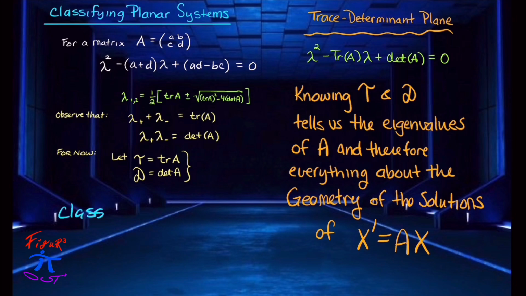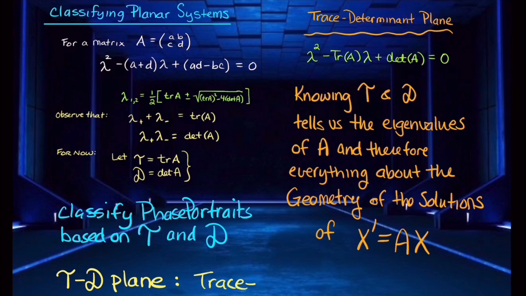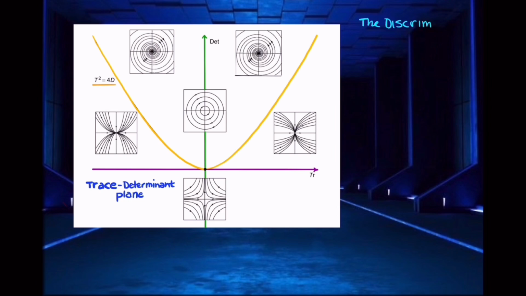Our planar differential system of equations can be classified into its phase portraits based on T and D, the trace and the determinant. So therefore we will construct the trace-determinant plane, where T and D will take on coordinate values, and based on those coordinate values, we will get a certain type of phase portrait.